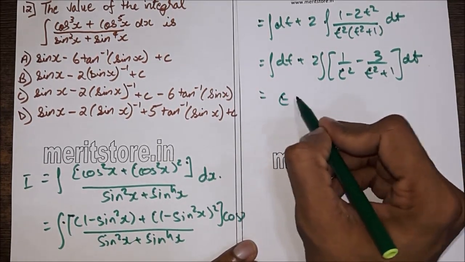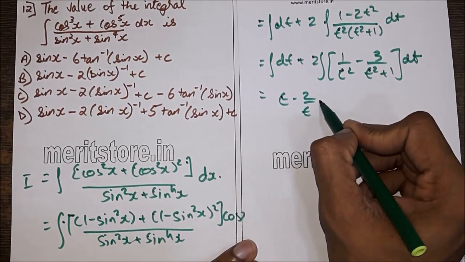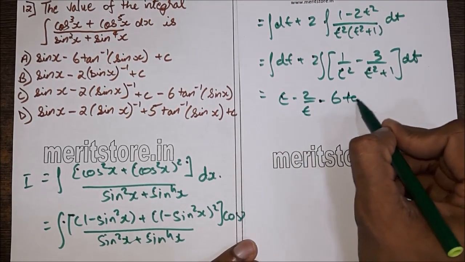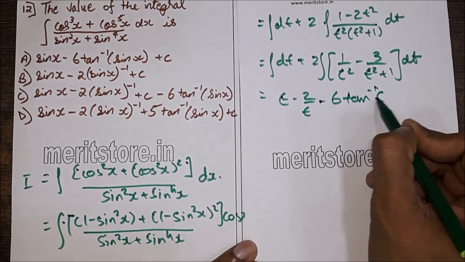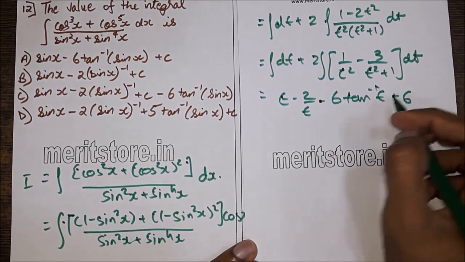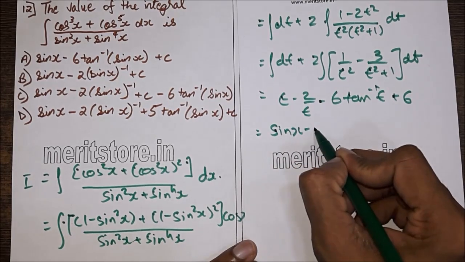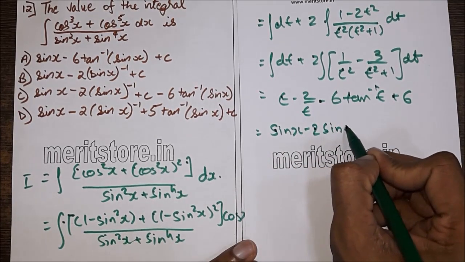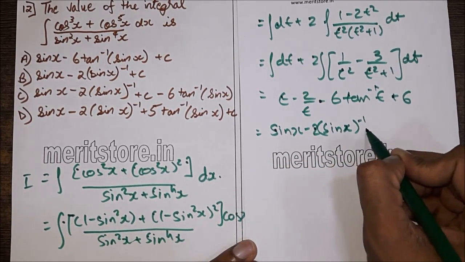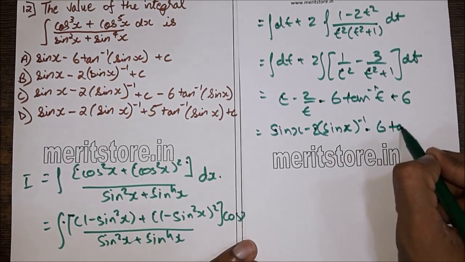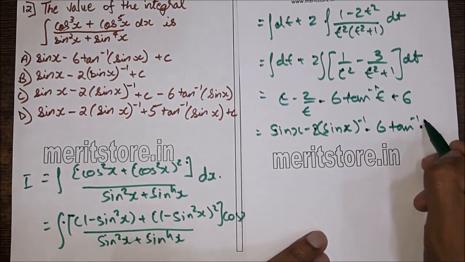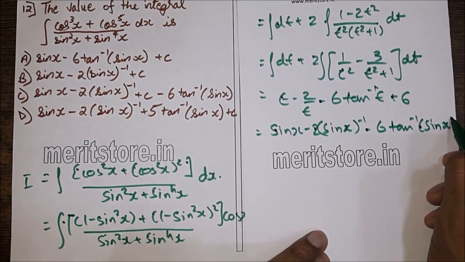Further, we get t minus 2 upon t minus 6 tan inverse t plus 6. Resubstituting the value of t, we get sin x minus 2 sin x raised to minus 1 minus 6 tan inverse sin x.